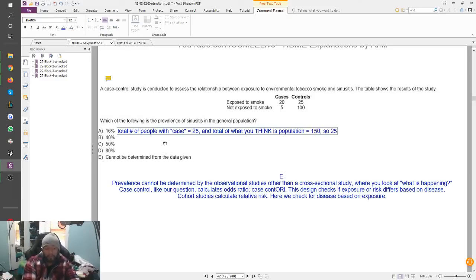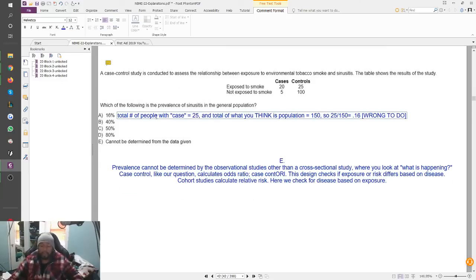So 25 over 150 is equal to 0.16, right? And that would be wrong, right? Because that is not your total population. That's just the population of this test.